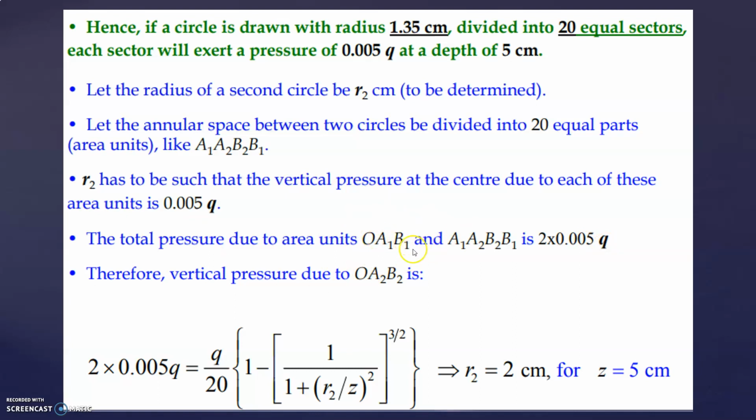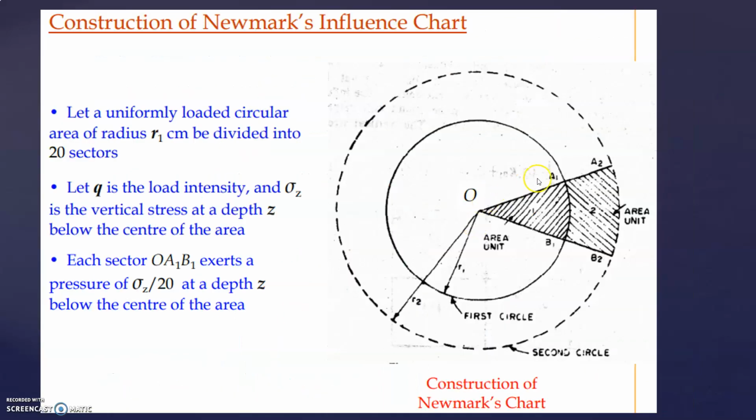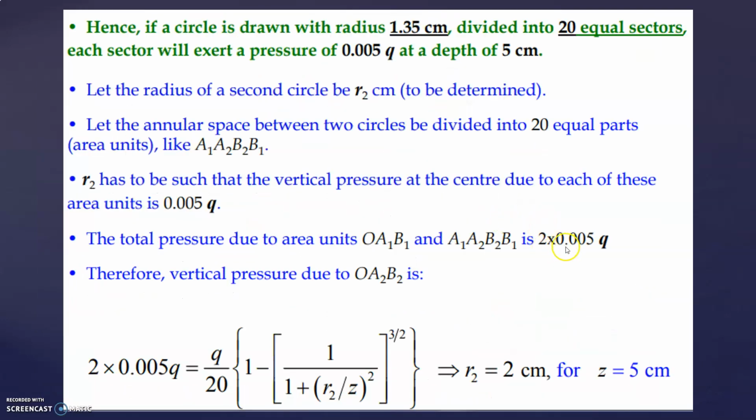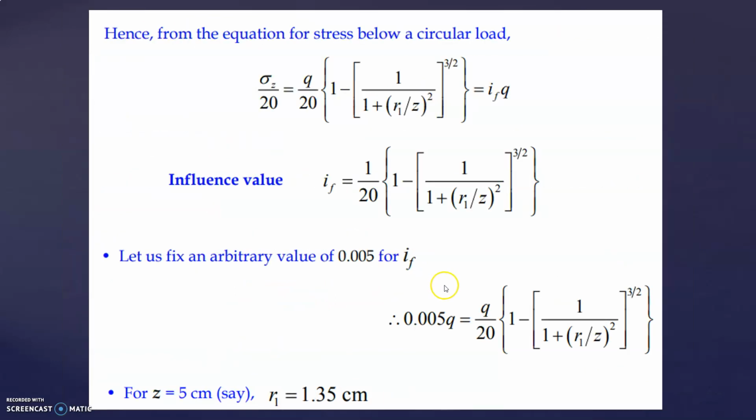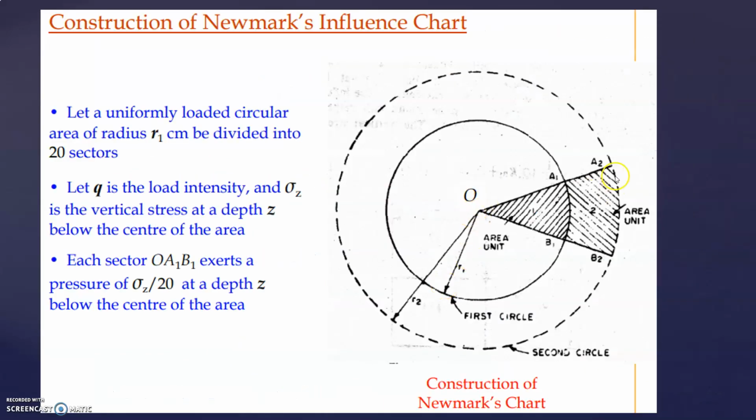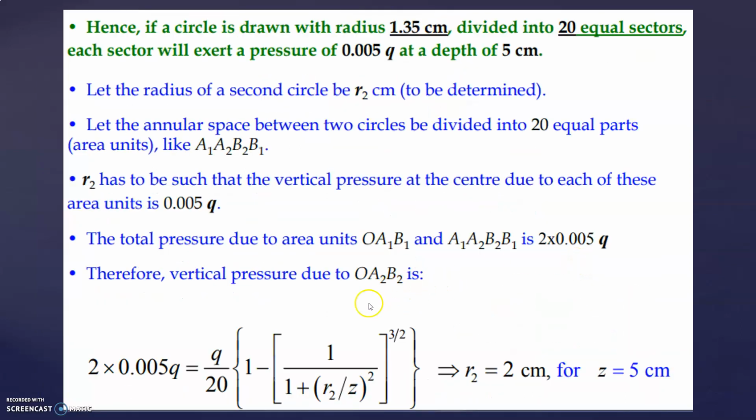OA1B1 is one sector, and the other sector is A1A2B2B1. So, the vertical pressure due to OA2B2 is equal to 2 times 0.005 Q.